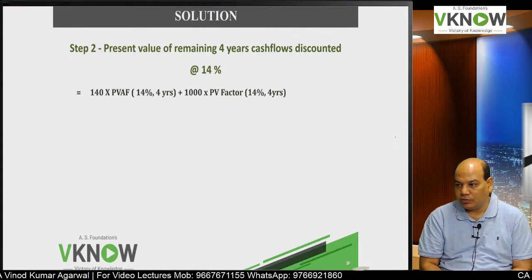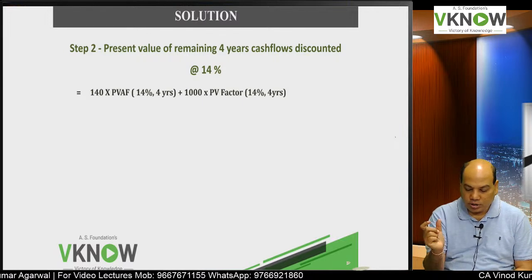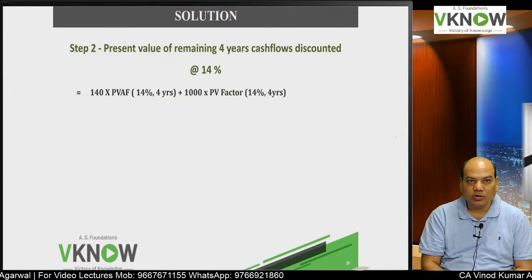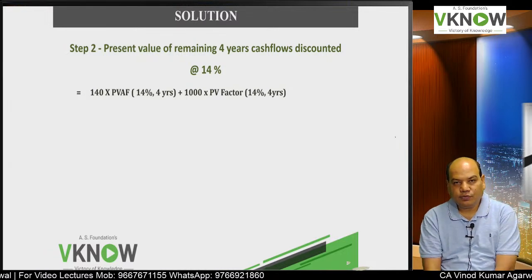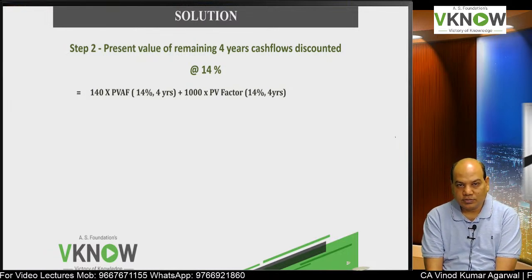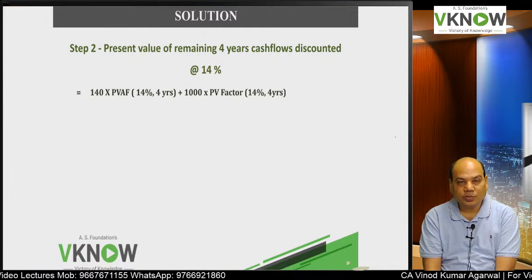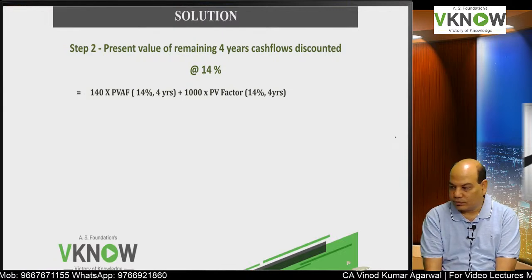Now the calculation: 140 into PV annuity factor at 14%, 4 years, plus 1000 rupees redemption value into present value factor at 14%, 4 years.